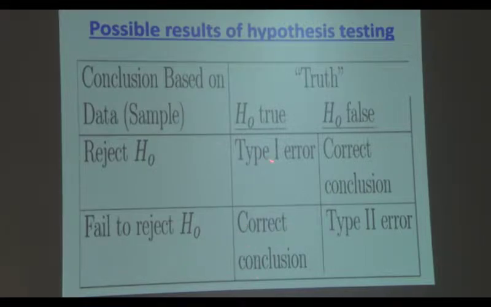So type 1 error is the probability of rejecting the null hypothesis when the null hypothesis is true.